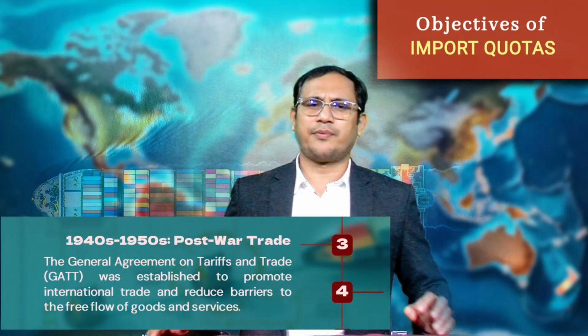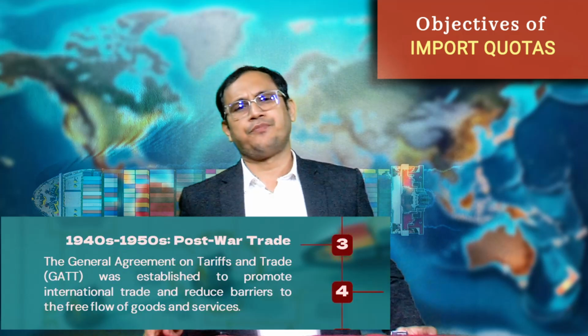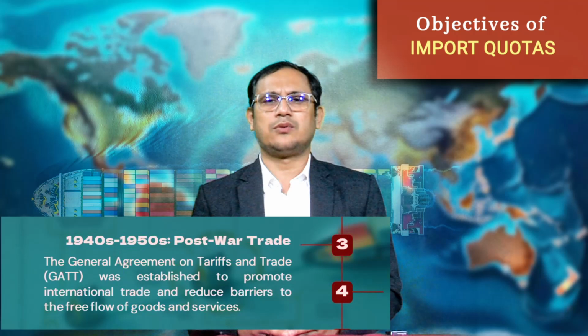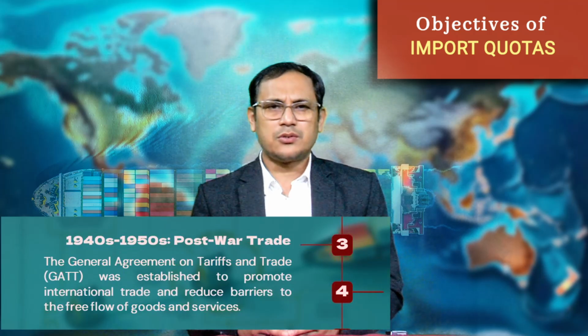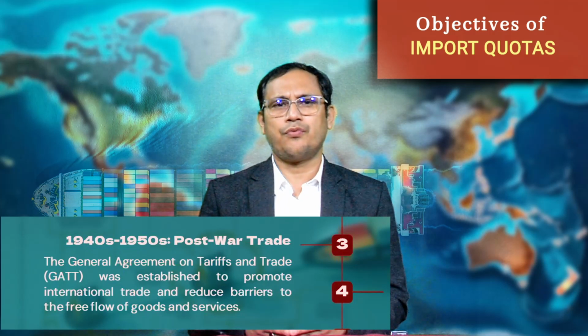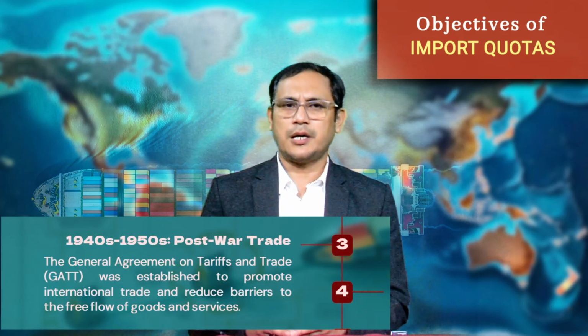So as a result, what happened in 1947? The General Agreement on Tariff and Trade, which is basically known as GATT, was established to promote international trade and reduce barriers to the free flow of goods and services.